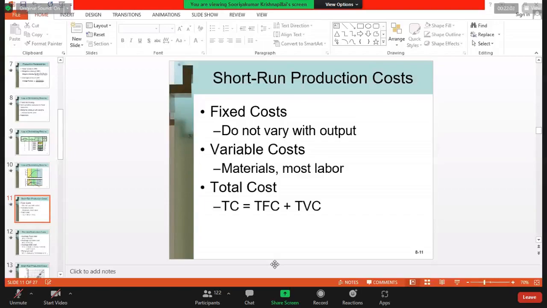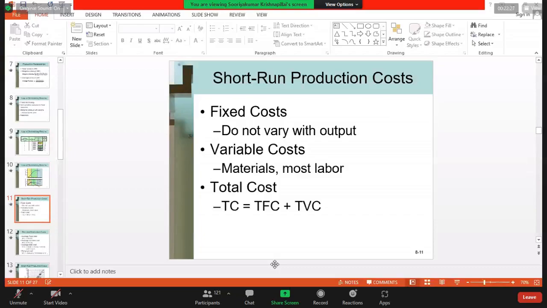Variable cost is mostly material and labor. Any material, it can be fuel or steel or any material used for the production, and daily labor, not the fixed salary labor.